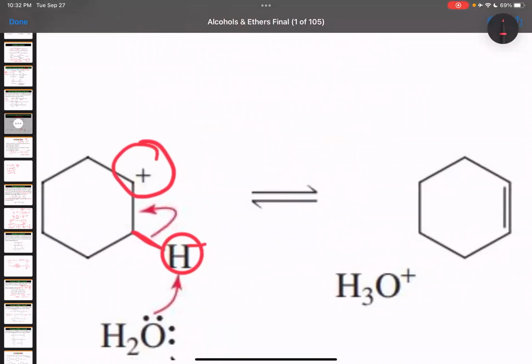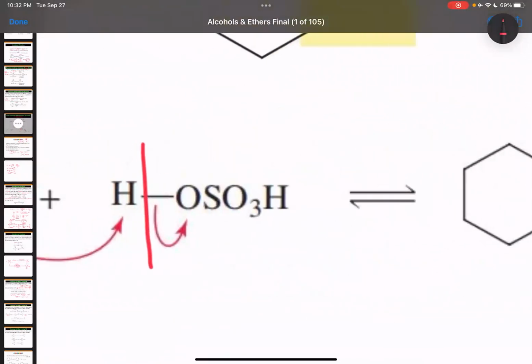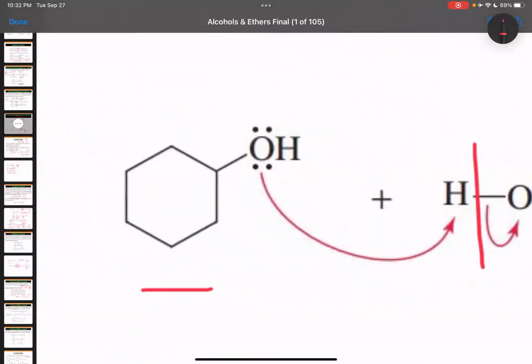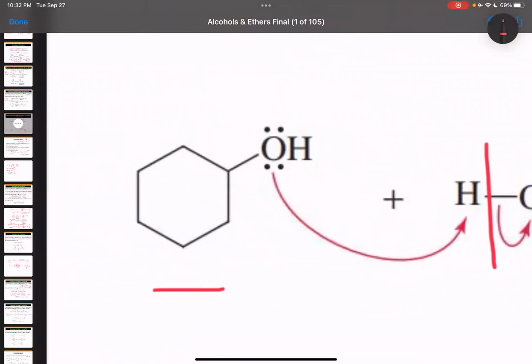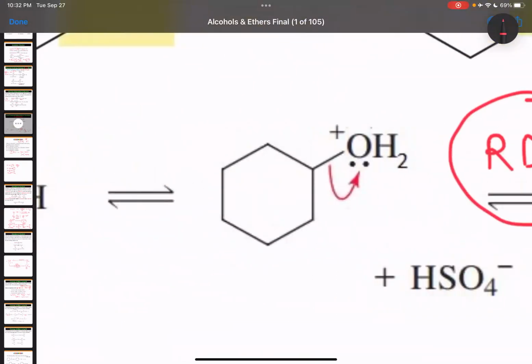Now what you need to do is heat it. Actually, it is acid catalyzed. So the acid initially helps by giving its H plus to OH, which will make it a good leaving group.